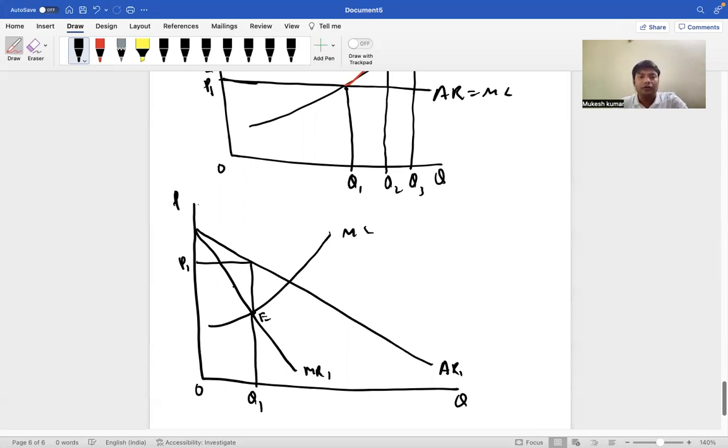Now, if the shape of the demand curve changes, let's say the shape of the demand curve is like that. Now accordingly the marginal revenue curve will change.